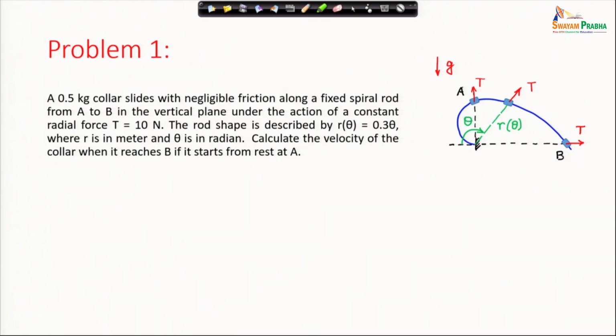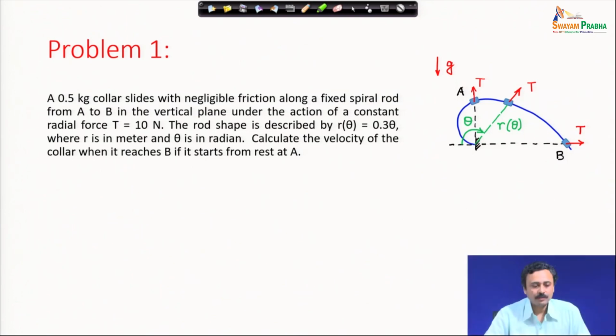Let us look at this example of a collar moving on a spiral rod. The problem statement says a 0.5 kg collar slides with negligible friction along a fixed spiral rod from A to B. A is this point which is vertically above the starting point of this spiral.